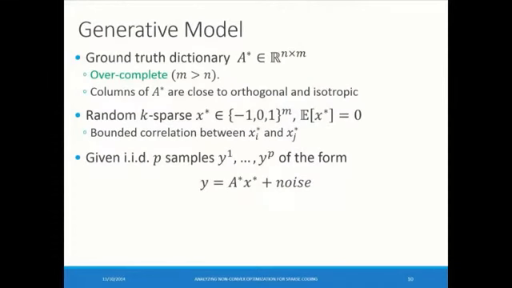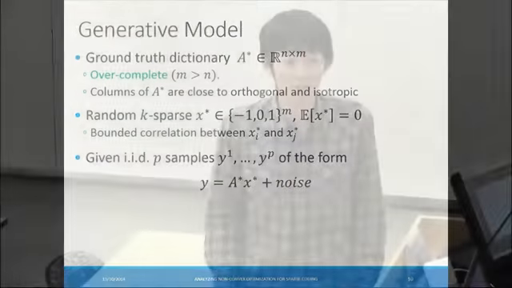We also assume that Xi star and Xj star are kind of independent. Also, X star is a k-sparse vector. It only takes at most k non-zero entries. And then the generative model is that we are given, say, p samples, and each sample is of this form: A star times X star plus noise.